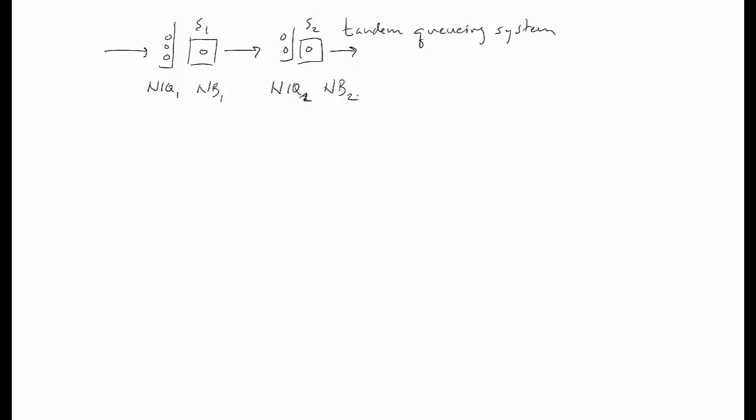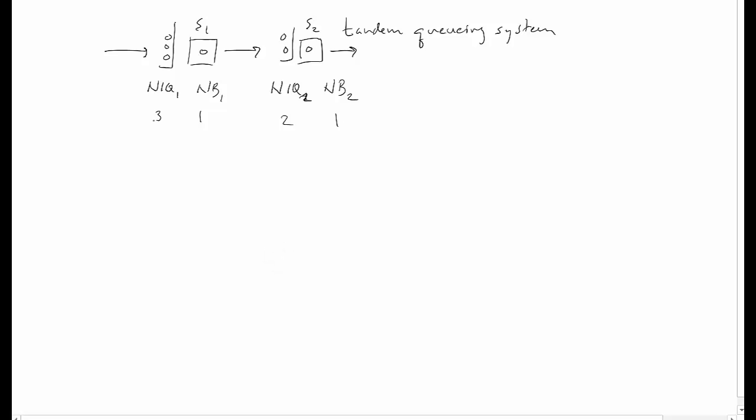And what we see in the model pictured is that NIQ1 has a value of 3, NB1 has a value of 1, NIQ2 has a value of 2, and NB2 has a value of 1. For example, let's say that server 1 finished processing the entity here.